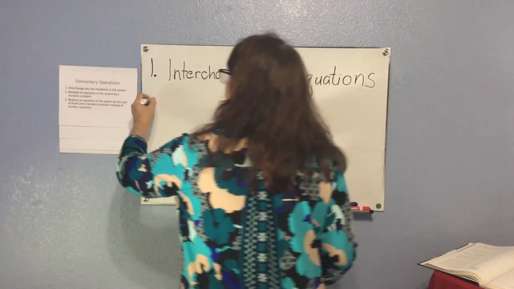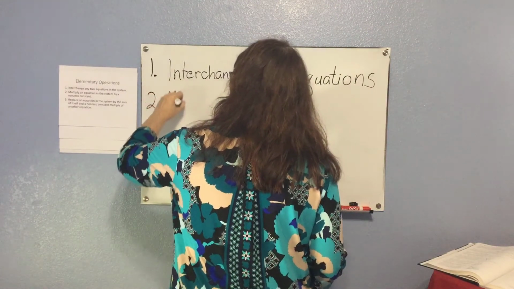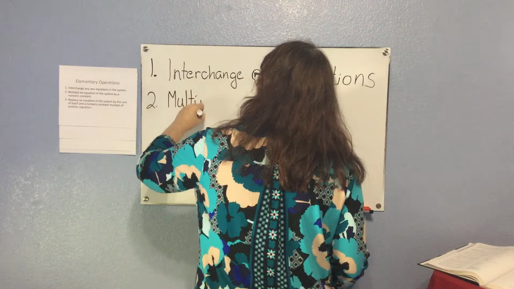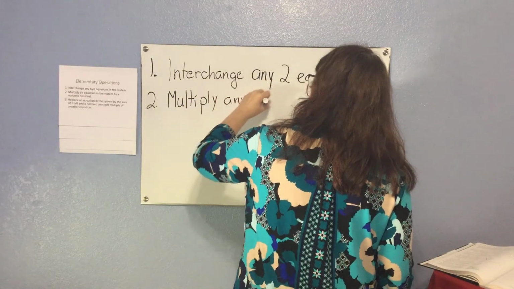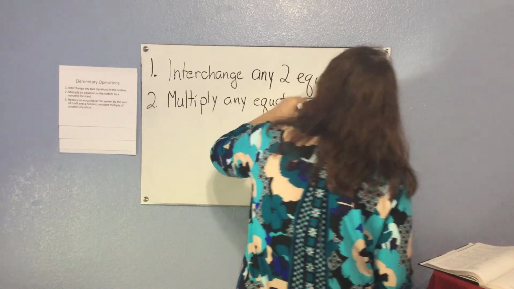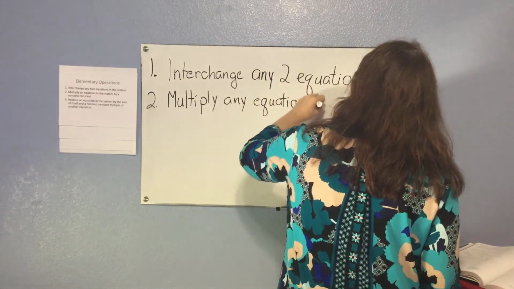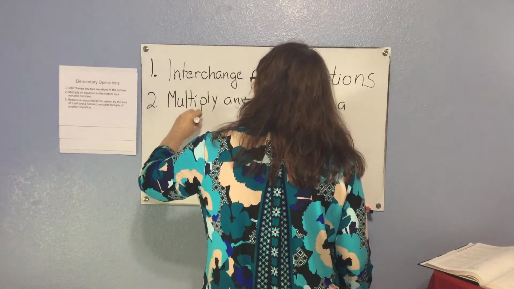My second rule is that I can multiply any equation by a non-zero constant.